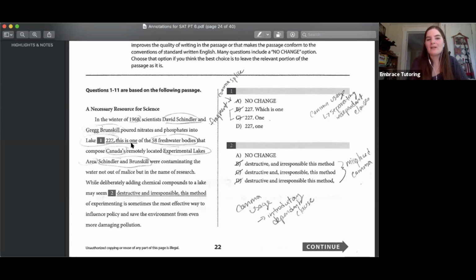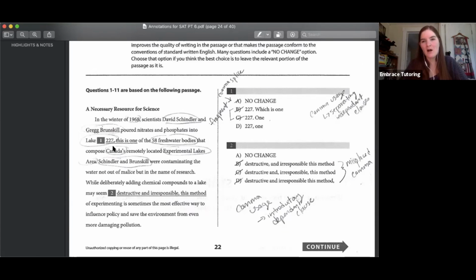This phrase, from one until area, is describing what Lake 227 is. It's providing additional information about Lake 227. It's clarifying what that means.